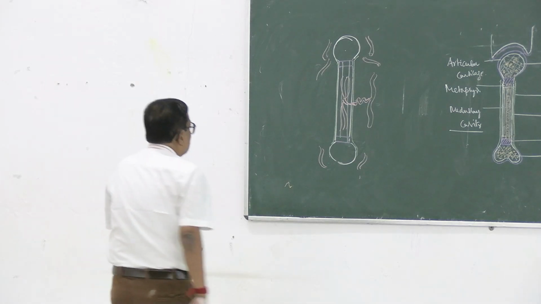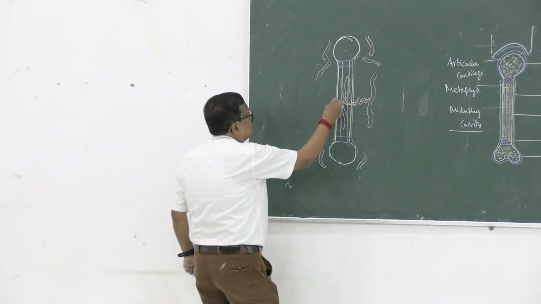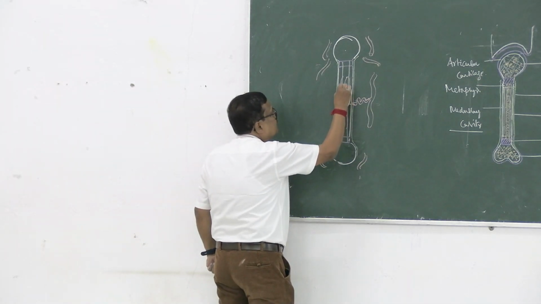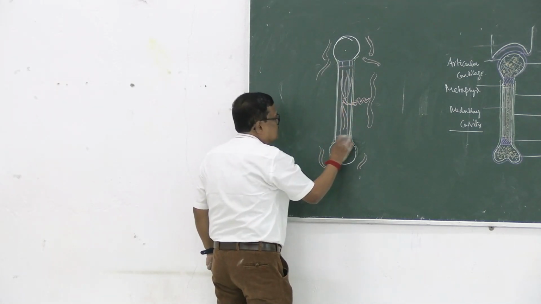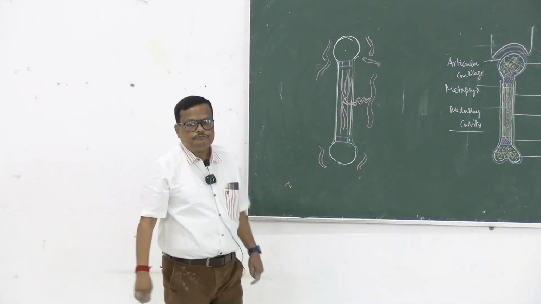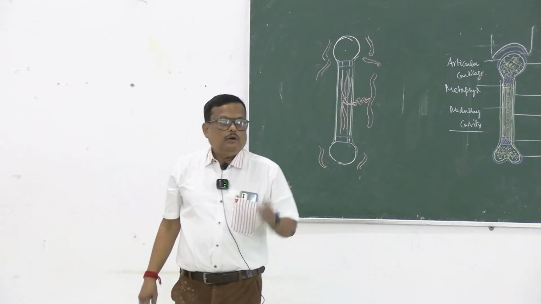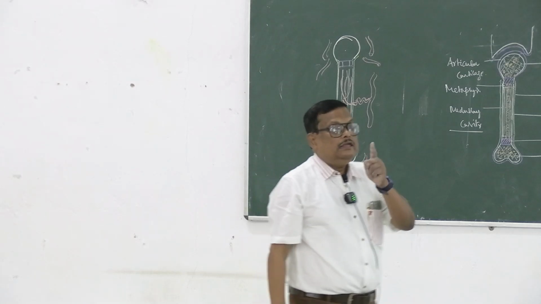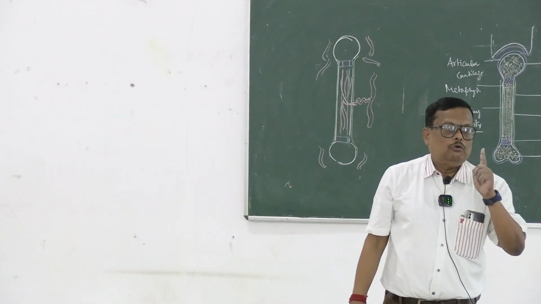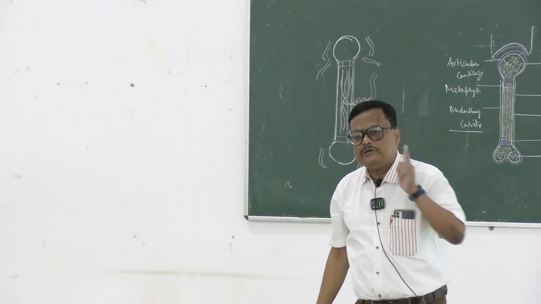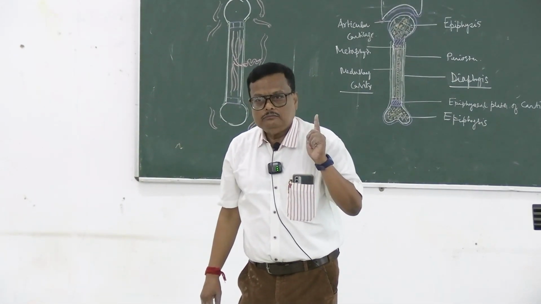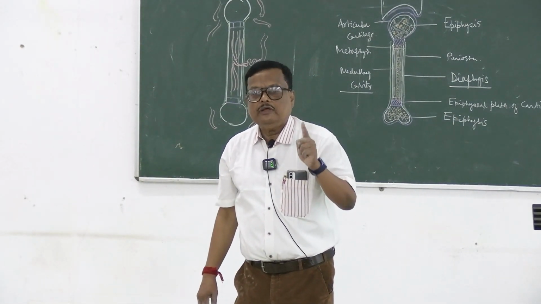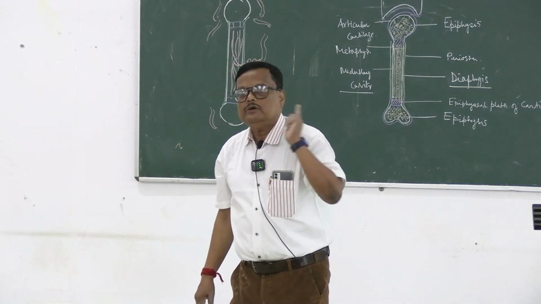This nutrient artery then goes giving parallel branches and goes towards the metaphysis. This region is the metaphysis. What I am describing is in young bone, where the epiphyseal cartilage is still present: young, 10 year, 11 year, 12 year, 13 year, 14 year, 15 year.